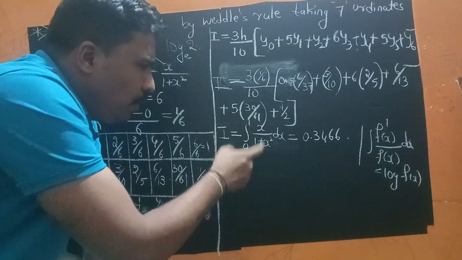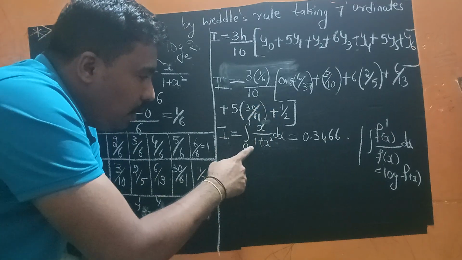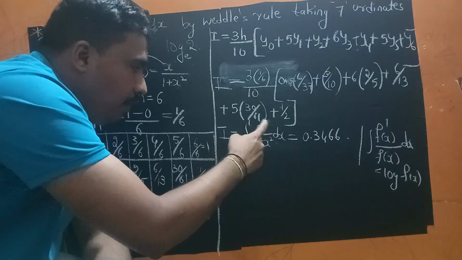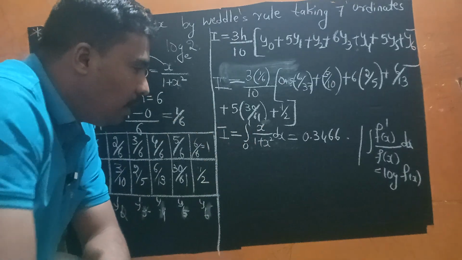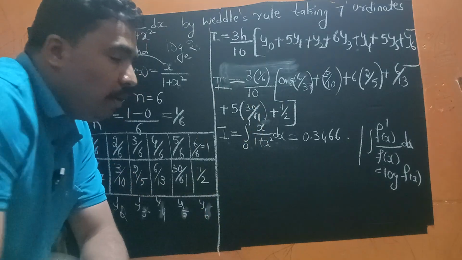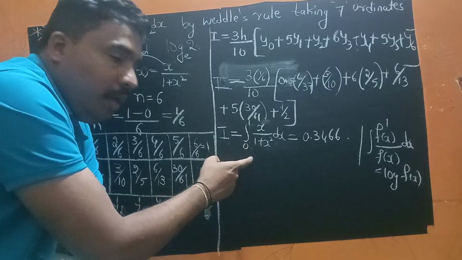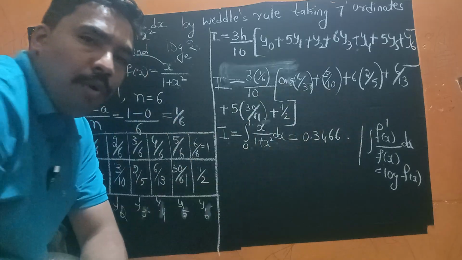Don't go for any substitution method because it is very simple here. You see, the derivative of 1 is 0, and the derivative of x square is 2x. But we have only x here. Therefore, if I multiply and divide this term by 2, then I can easily use that property.